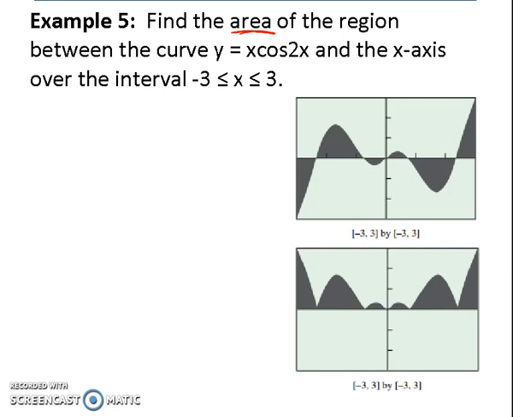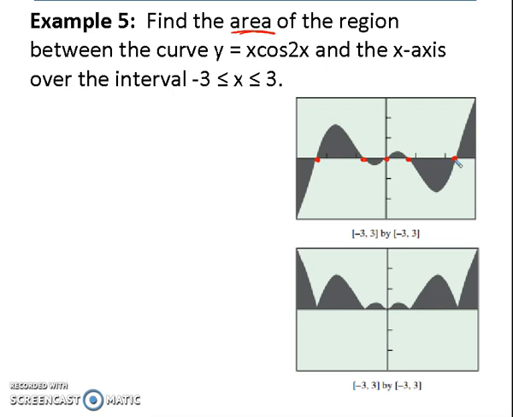However, to find the area under the curve, we have to find the area of each of those 6 little sections individually and add them all together. So that would require figuring out every single one of these x-intercepts here and doing an individual integral for each section of that x-axis.